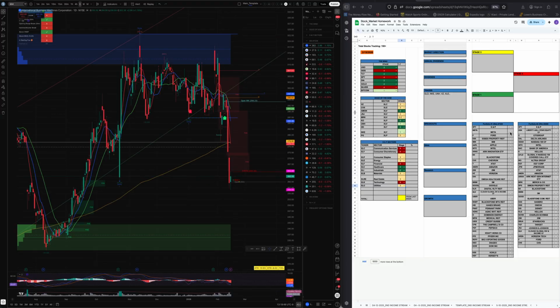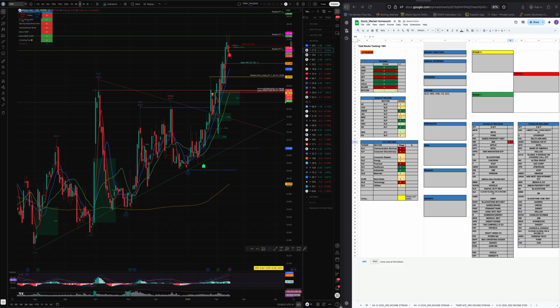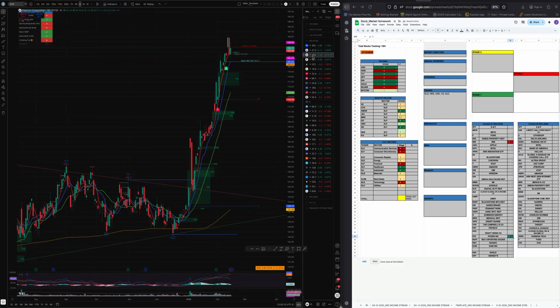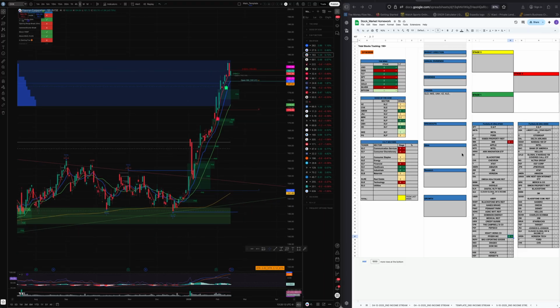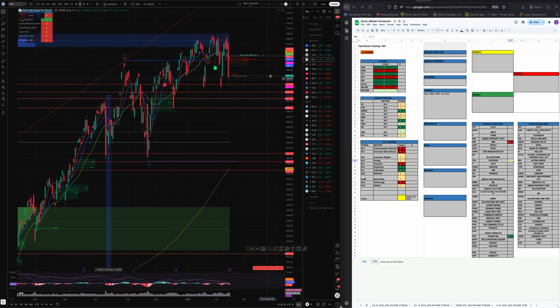IBM 4. Where's IBM? IBM. Boom, boom, boom.